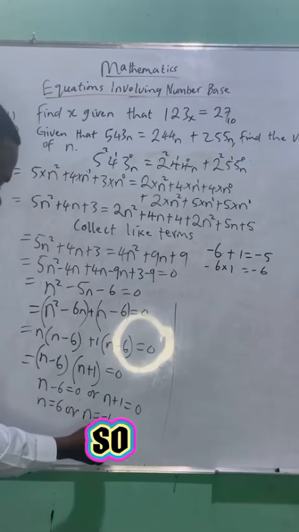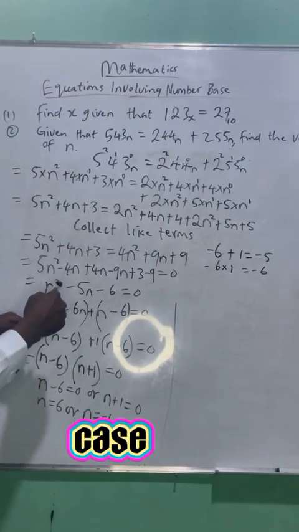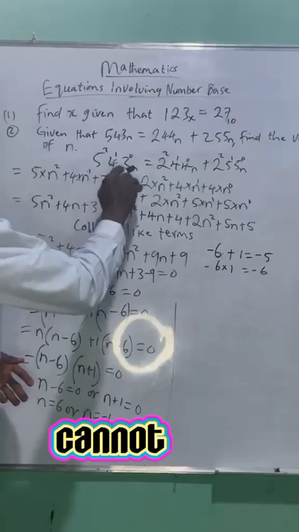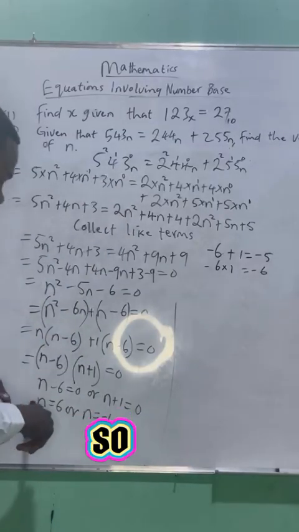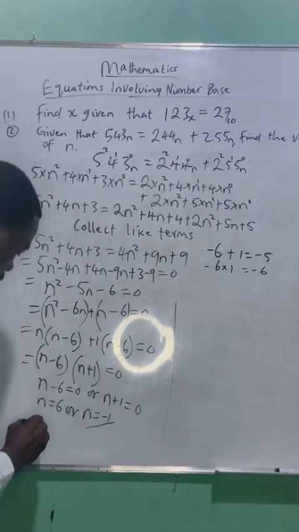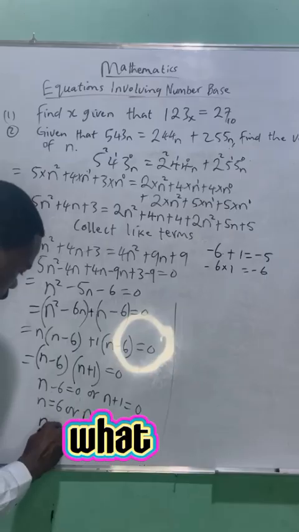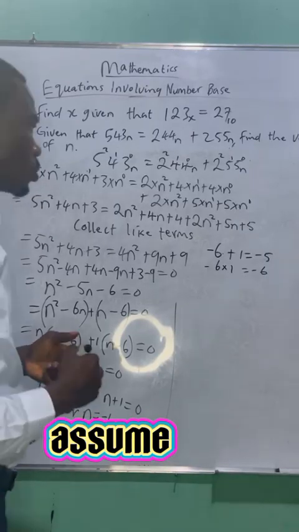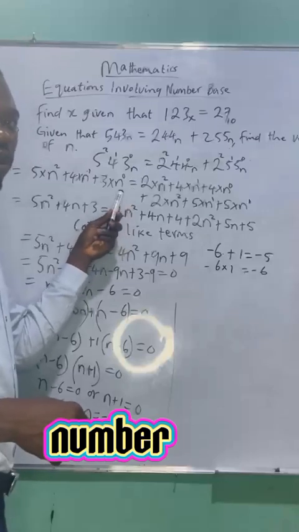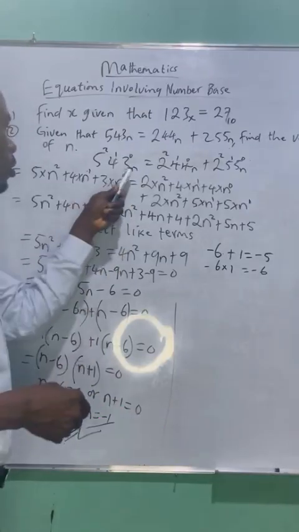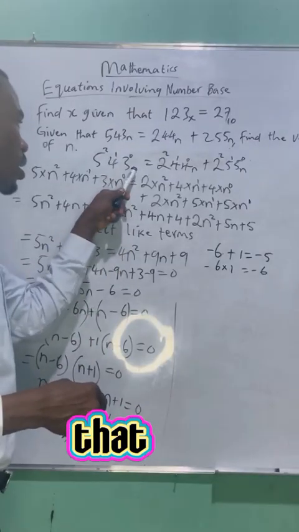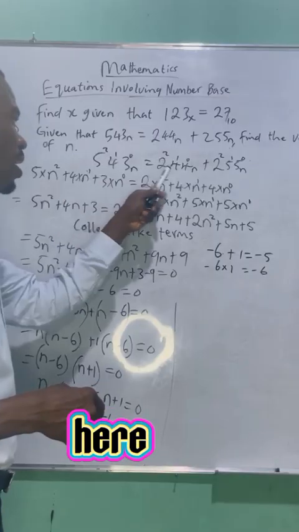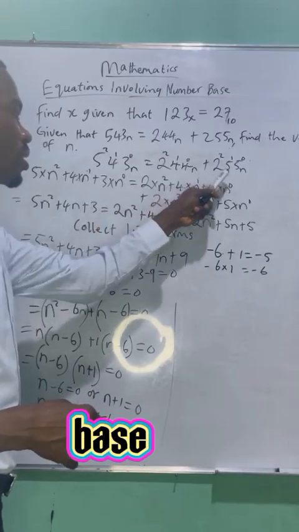minus 1. So in this case, the base cannot be a negative number. So our n is equal to what? 6. N we always assume a positive number. What this simply means is that these numbers that are here are all in base 6.